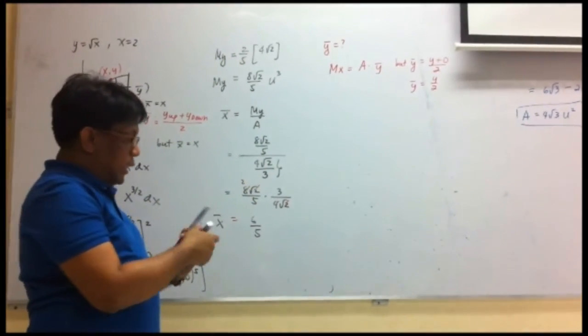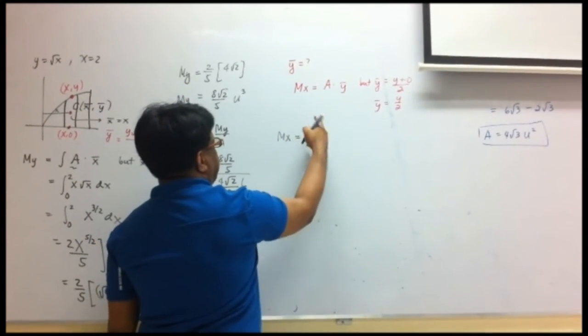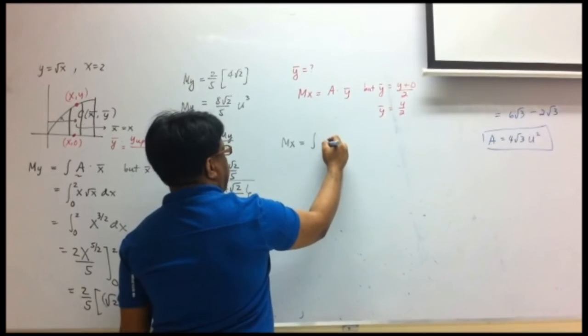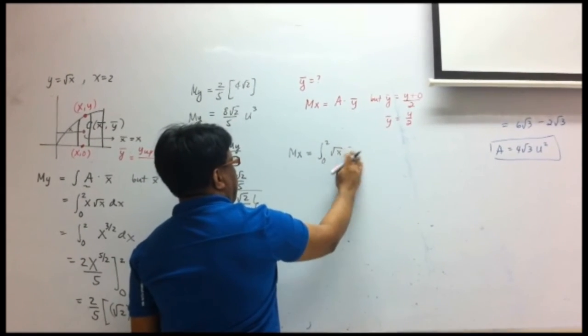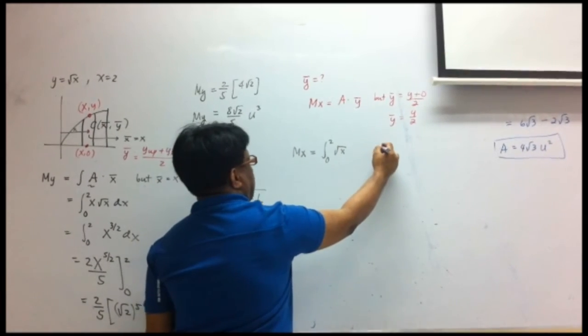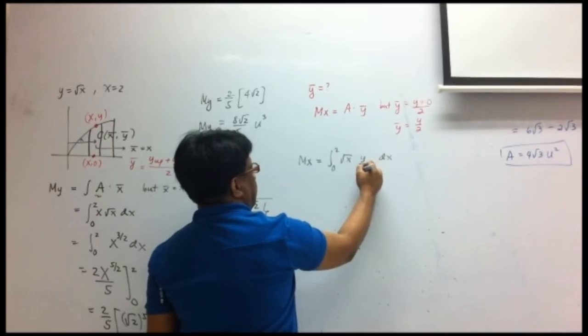So let us now compute. For moment x, the area is again square root of x dx from 0 to 2, but bar y is y over 2.